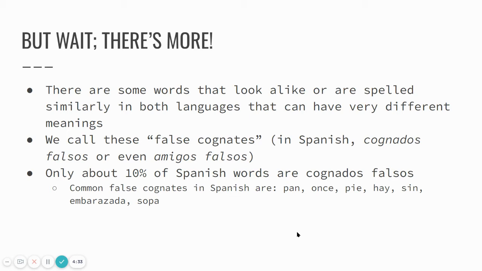It means there is or there are. It's actually a verb. We have the word sin, which is not the word for sin. It means without. And then we have embarazada, which does not mean embarrassed. It means pregnant. And then we have sopa, which does not mean soap. It means soup.